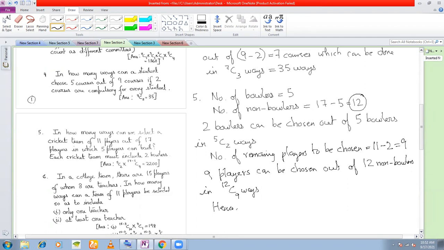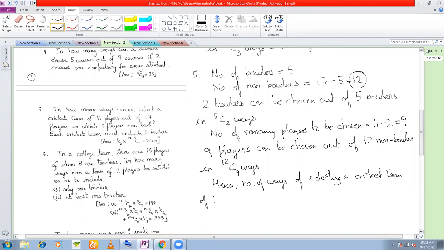Hence, number of ways of selecting a cricket team of 11 players which includes 2 bowlers is equal to first 2 bowlers selected 5C2 and 12C9 remaining players, non-bowlers.